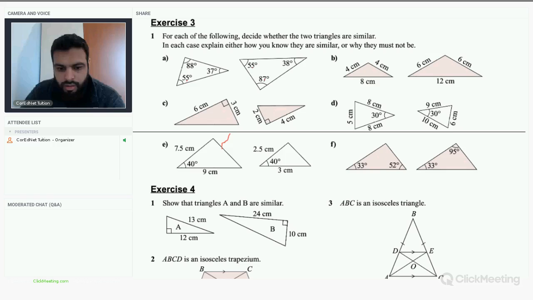Okay, you guys sure? Sure about your answer there? Yeah, I think we could say that they are similar because it's just a scaled up version, isn't it?